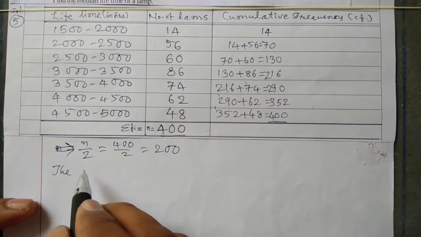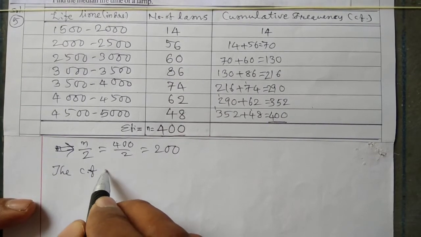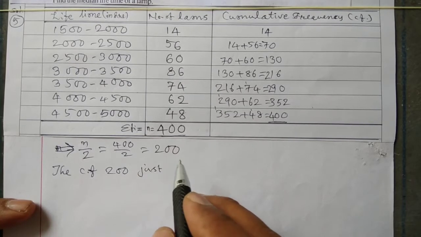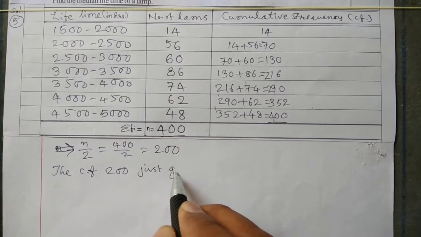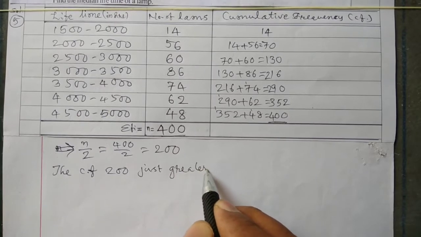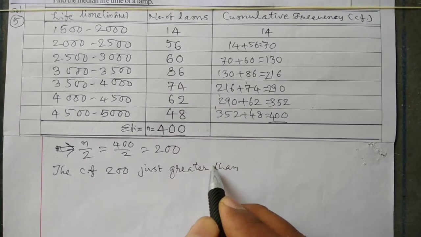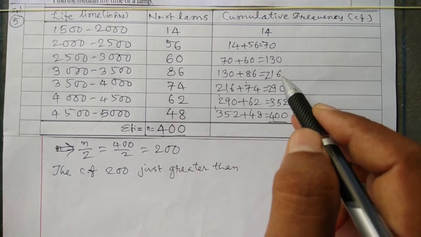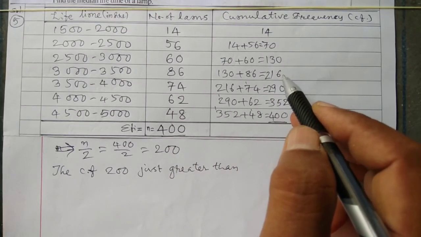The cumulative frequency just greater than 200 is 216.